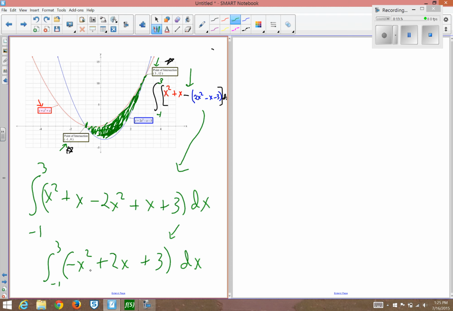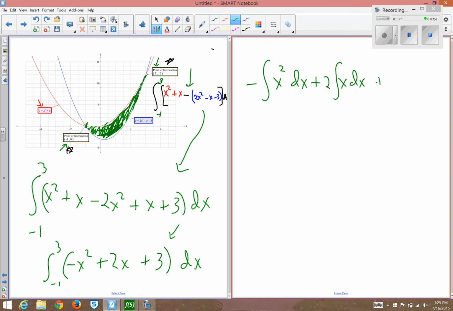We now have 3 terms. So in the next step, I'm going to write 3 separate integrals. The integral of -x squared dx plus the integral of 2x dx plus the integral of 3 dx. So same 3 terms, -x squared is right here, plus 2x is right here, and plus 3 is right here.